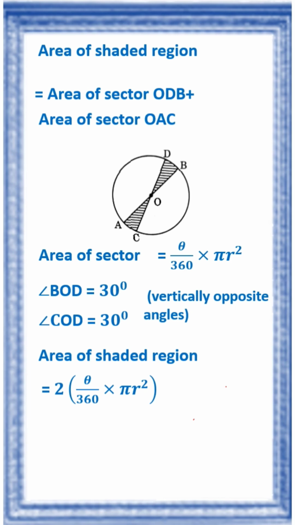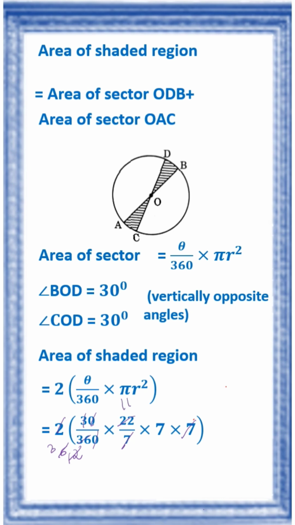Now let us substitute the values. 2 into 30 by 360, theta is 30, into 22 by 7 into 7 into 7. Here we can cancel 7 and 7, 0 and 0. 3 ones are 3, 12s are 12.